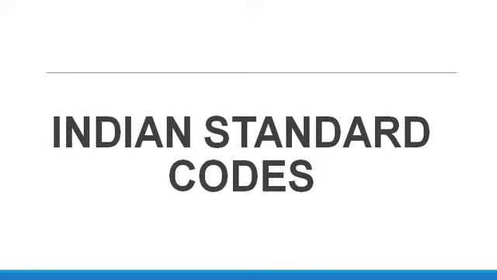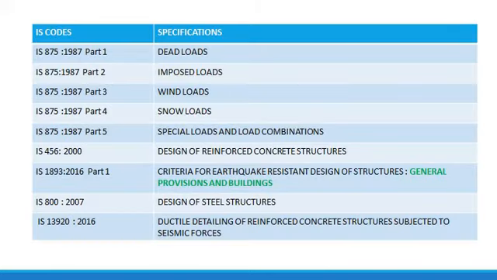When I'm talking about different Indian standard codes that we are using in our calculations, the following codes we generally use: IS 875 Part 1 for dead loads, Part 2 for imposed loads, Part 3 for wind loads, Part 4 for snow loads, similarly Part 5 for special loads and their load combinations.